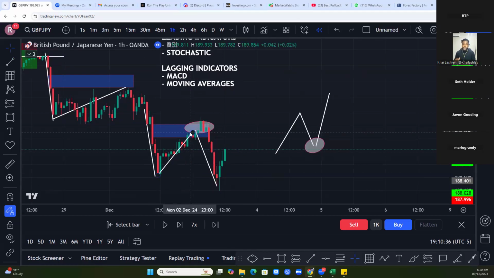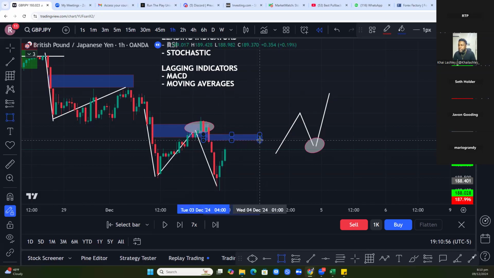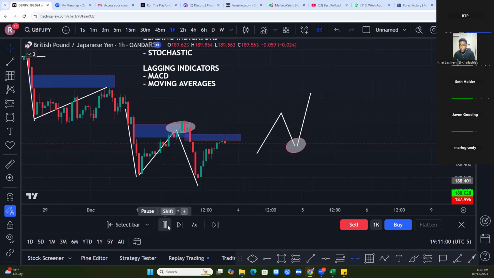Obviously, and this is where I want to reemphasize, everything has to work in conjunction with structure. It's not just, you see impulse, I see imbalance, let me take this trade. Make sure it coincides with structure. Because here we got the same thing, we got imbalance. There's back into the area.